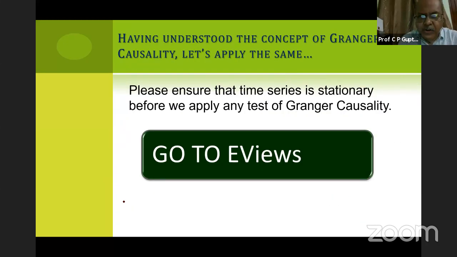So having understood the concept of Granger causality, let's apply the same, and please ensure that time series should be stationary. If the series are stationary, then we can make use of Granger causality. Otherwise, we cannot.